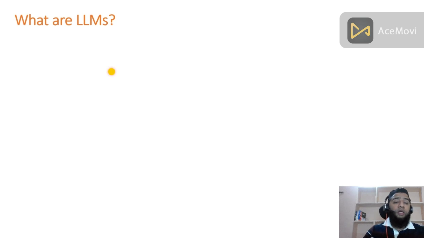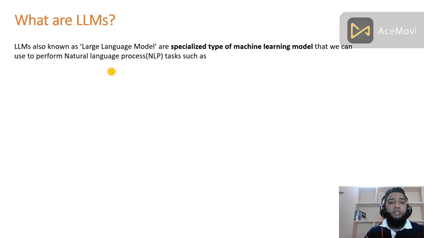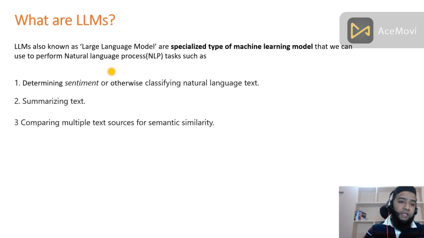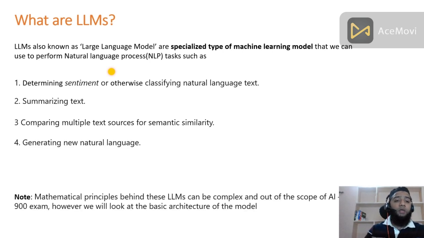So what is an LLM? An LLM, also known as a large language model, is a specialized type of machine learning model that we can use to perform natural language processing tasks such as determining sentiment or otherwise classifying natural language text, summarizing text, comparing multiple text sources for semantic similarity, and generating new natural language.